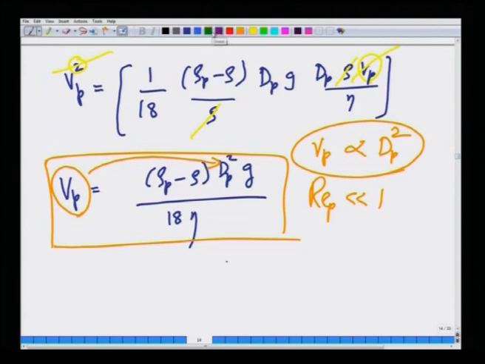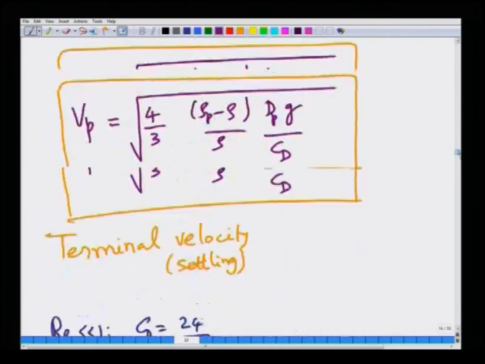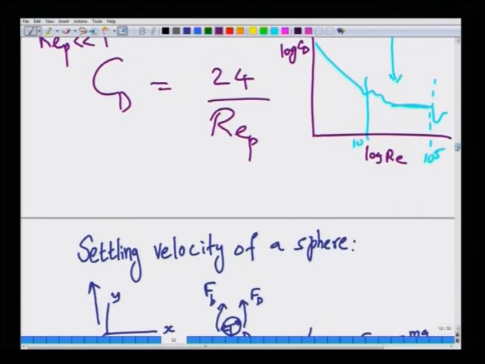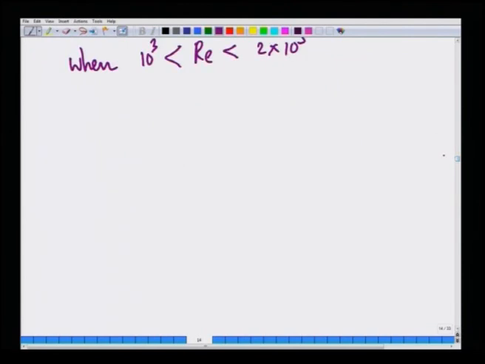Now, let us look at high Reynolds numbers. I told you that when Reynolds number is in between 1000 and twice 10 to the 5, there is a region of constant drag coefficient. If you look at this data, here Cd is approximately constant. So, we are looking at this regime where Cd is approximately constant, and that number is approximately 0.44.